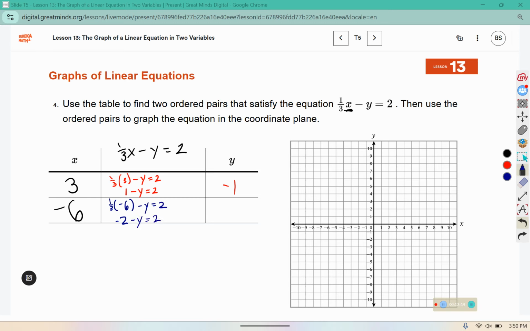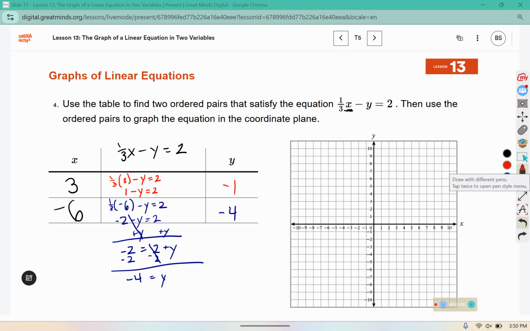A different way that you could solve it is you could move this y over here. Then you have negative 2 equals 2 plus y. And then move this 2 back the other direction. Negative 2 and negative 2 make negative 4. So y here is negative 4. Then we graph the 2 points.